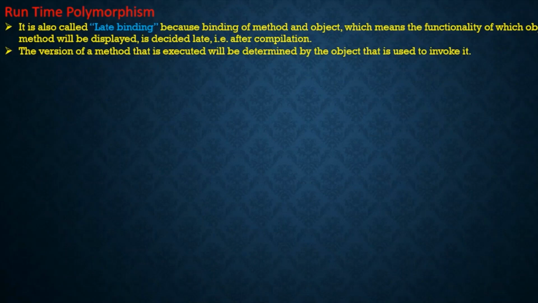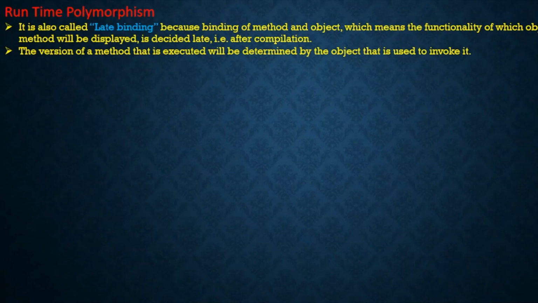If we create the object of the parent class and call the method on the parent object, then it is going to execute from the parent object. For example, consider that the Animal class is not abstract, it is simply a class.